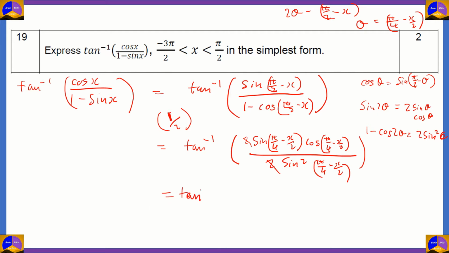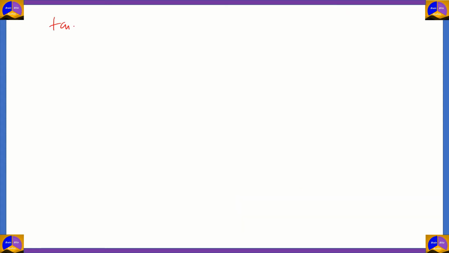So you will get tan inverse of cos of pi by 4 minus x by 2, the whole divided by sine of pi by 4 minus x by 2. So cos theta divided by sine theta will give you cot theta. So tan inverse of cot of pi by 4 minus x by 2.